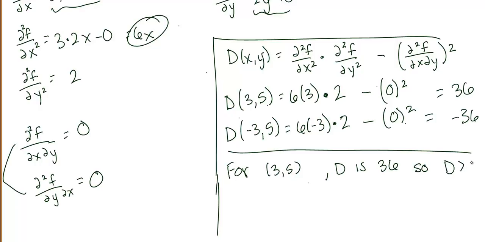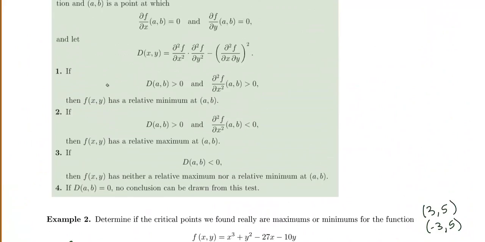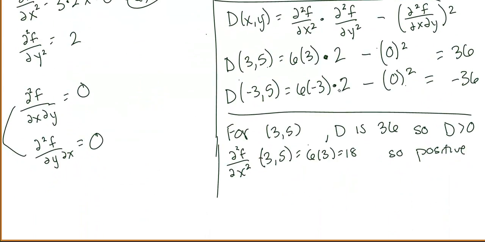So D is greater than 0. And in that case, it said we needed to see what the partial with respect to x is at (3, 5). So it's equal to 6x, or 6 times 3 is positive 18. So positive. Okay. So come back up and let's look at our cheat sheet. So if that second partial with respect to x is positive, it says we have a minimum at (3, 5).